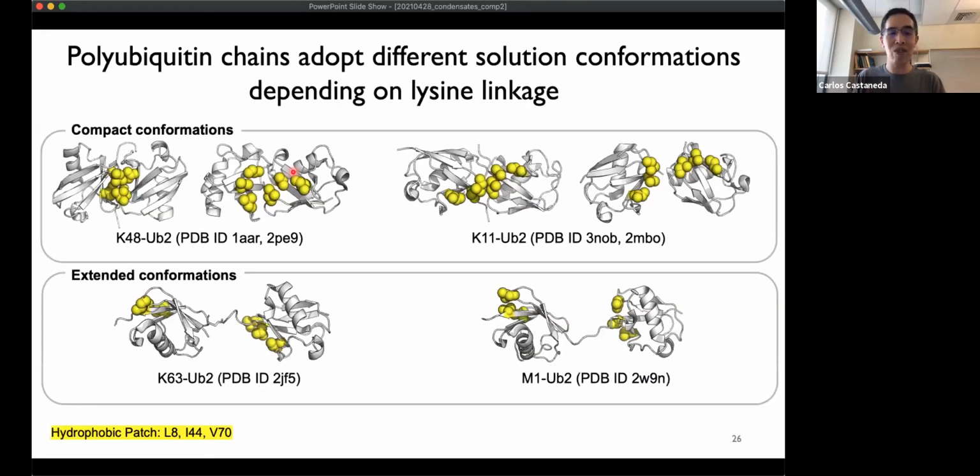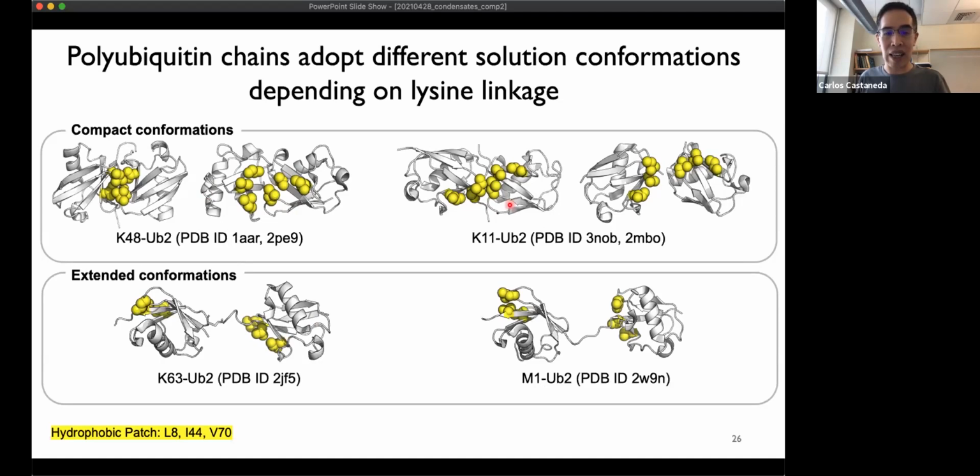We then wanted to ask whether K11 and other chains like M1 behave the same way when we add them to ubiquilin droplets. Why do we focus on these? Well, we hypothesize that the accessibility of these hydrophobic patches really matters for how these different types of chains would modulate phase behavior.